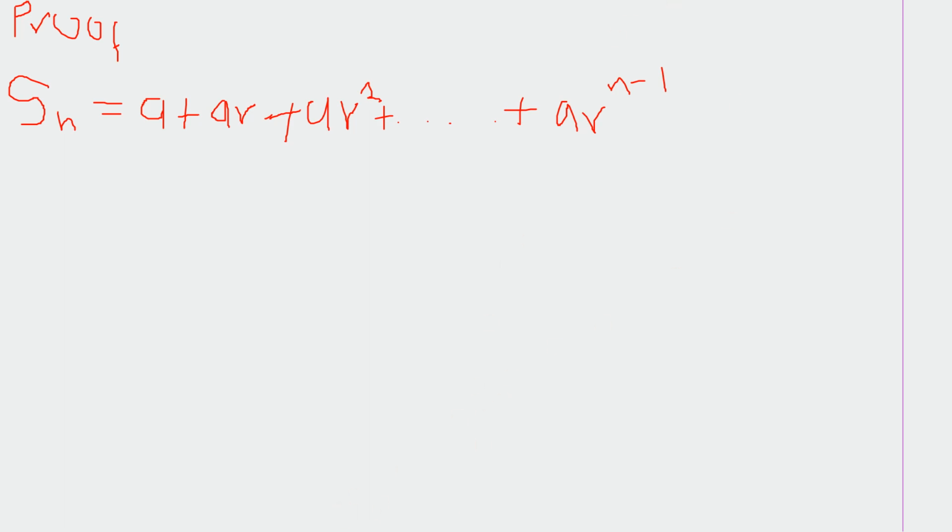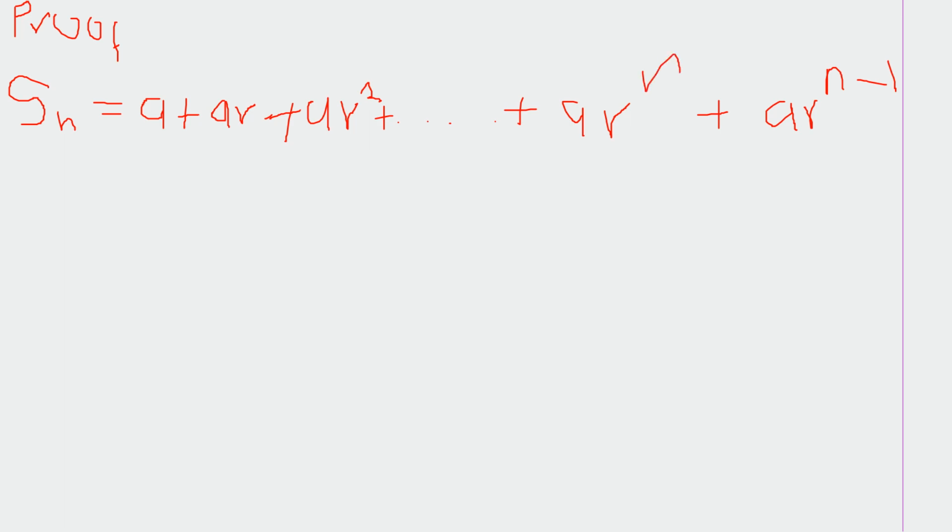So now, if our last term is a r to the power of n minus 1, the previous term, when we divide by a constant ratio, will be a multiplied by r to the power of n.